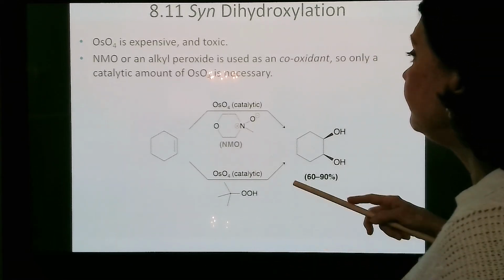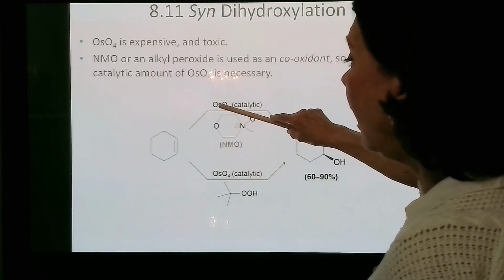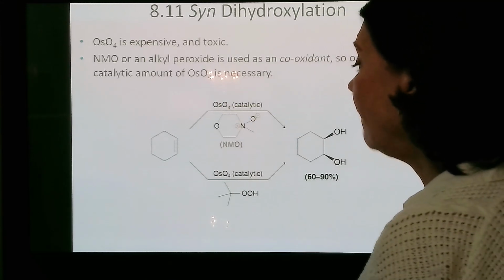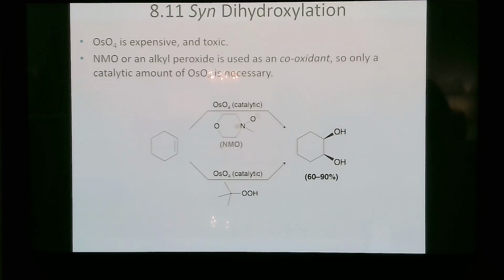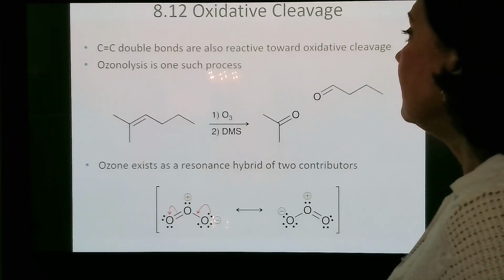So, in that way, you only have to use a catalytic amount of the osmium tetroxide, because osmium, it's a pollutant. You don't want to use that much of it, and it's expensive.